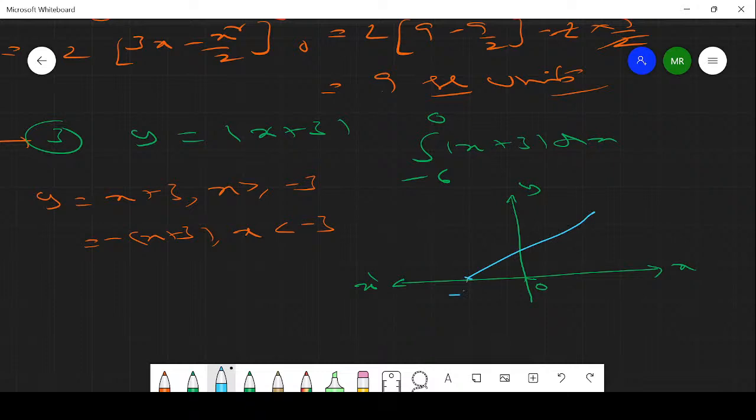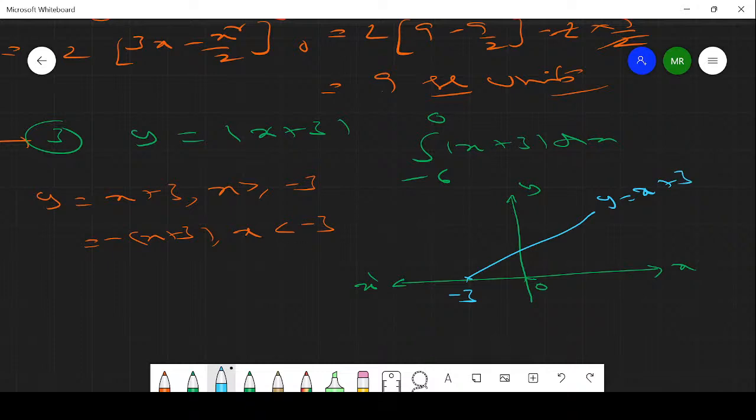This will be minus 3, where the value is 0. If you take minus 1, the graph keeps increasing towards the right side. So this is the graph of y equal to x plus 3.